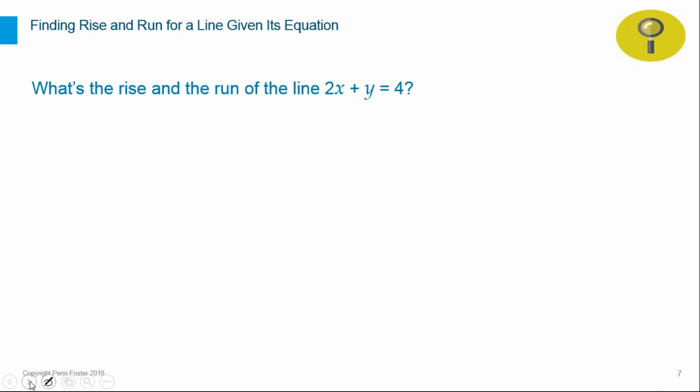Another kind of question on this topic. What's the rise and the run of the line 2x + y = 4? In this case, we are not given 2 points. We are not given a graph of the line, but we are given the equation of the line. How do we find the rise and the run for this line given its equation?